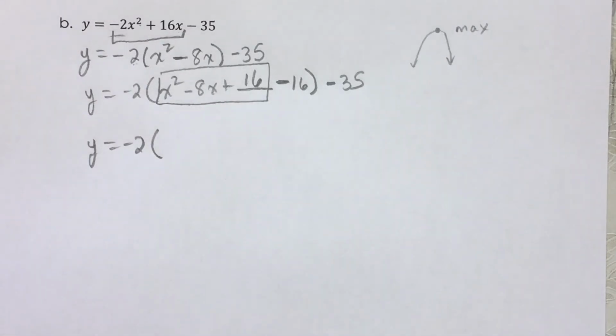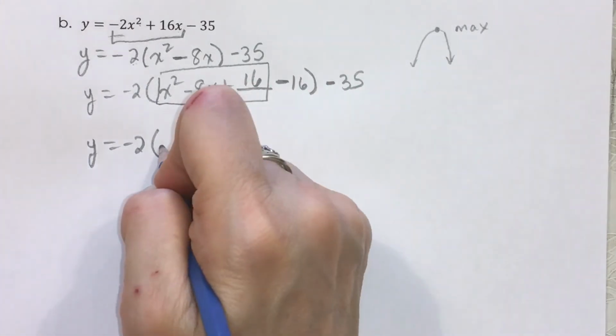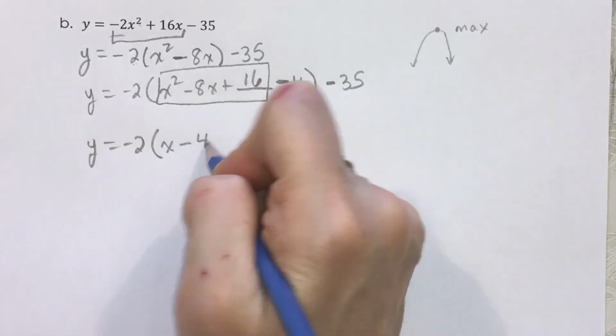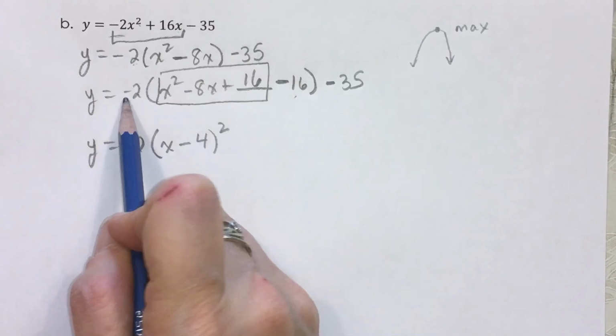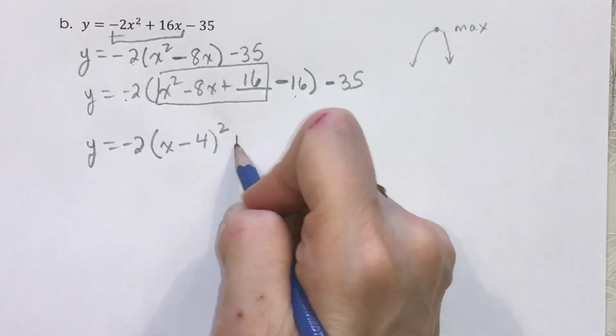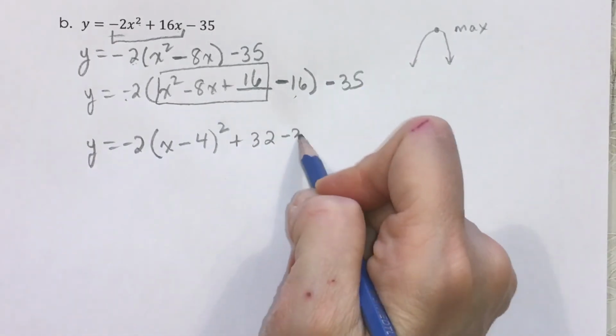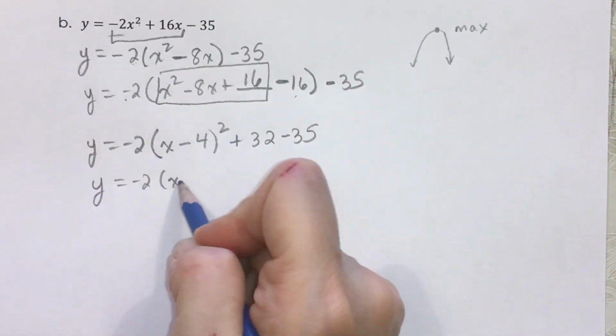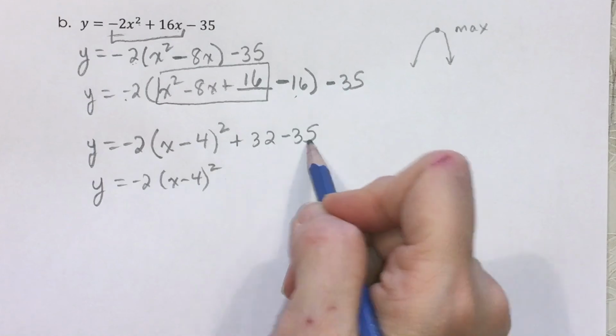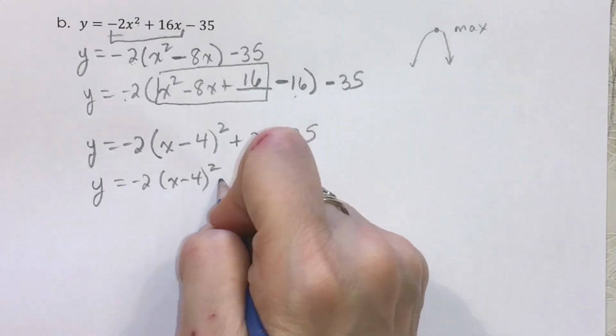There's your perfect square trinomial in the box. So it's going to factor to give you x minus 4 all squared. To get the negative 16 out of the parentheses, you have to multiply by negative 2, so that's positive 32. Positive 32 minus 35 is negative 3.